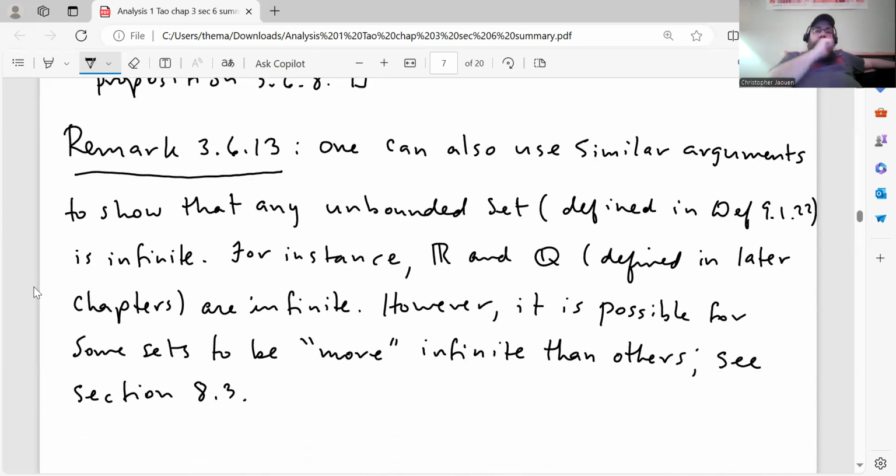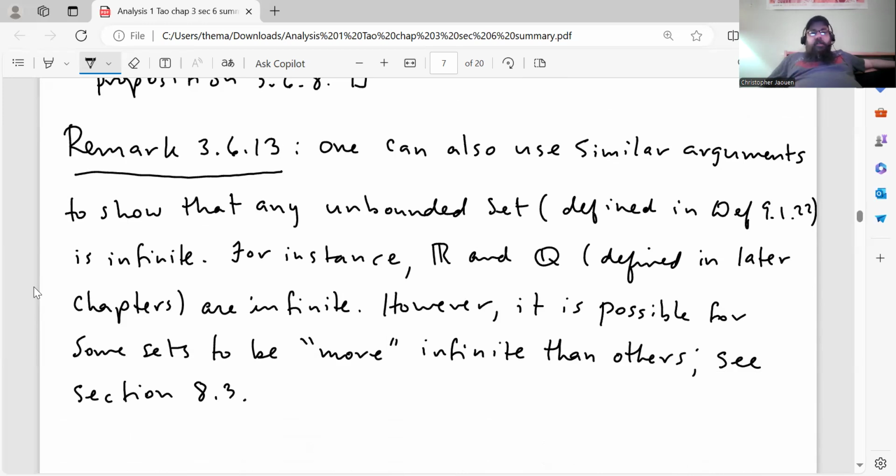Right? Remark 3.6.13. One can also use similar arguments to show that any unbounded set is infinite. He defines unbounded sets in definition 9.1.22, all the way in chapter 9, so that's something we'll get to way in the future.